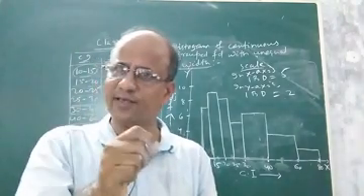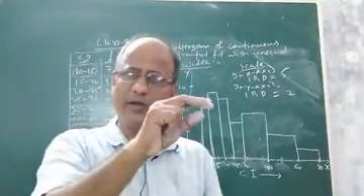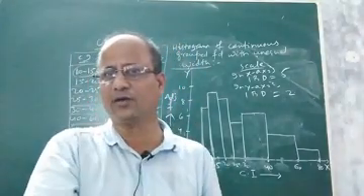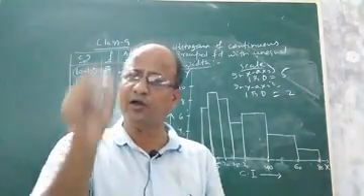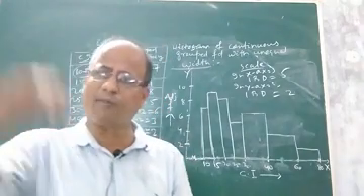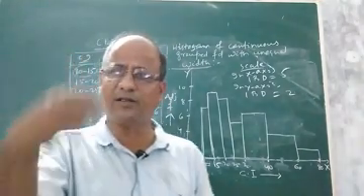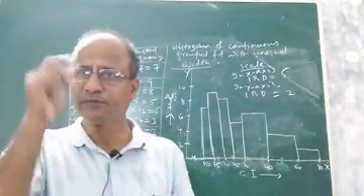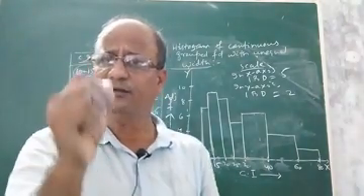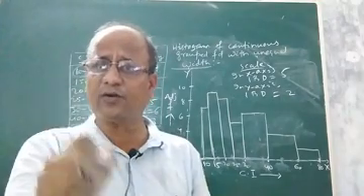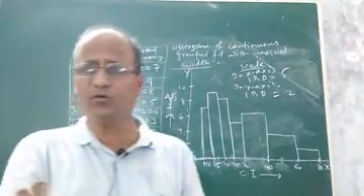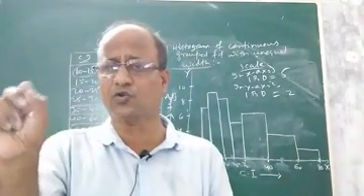See children, already I have told you, in all the cases the classes must be continuous in order to draw a histogram or to represent data graphically, whether by means of a histogram or a frequency polygon that we are going to discuss later. The frequency distribution must be a continuous one with uniform width. If it is not continuous, then it is not possible to construct the histogram.